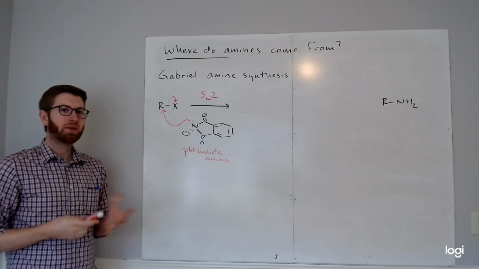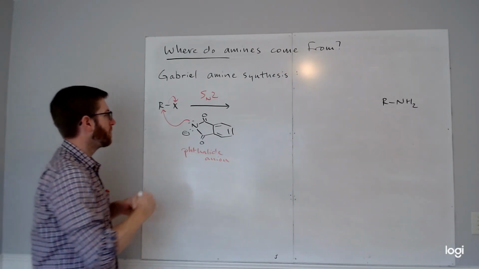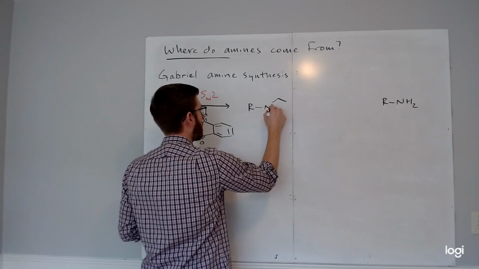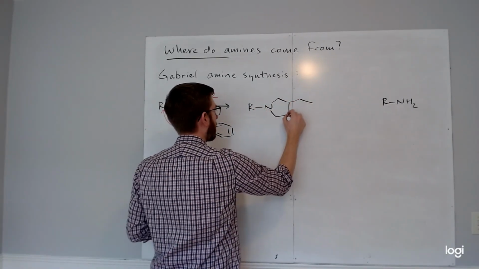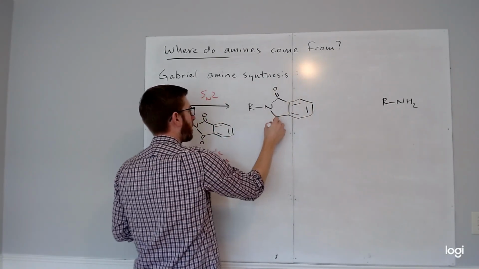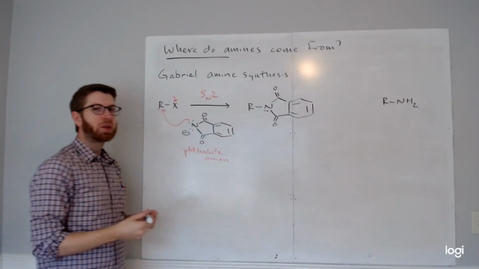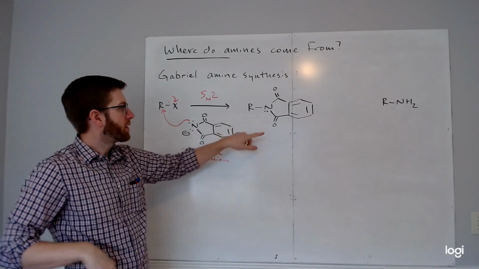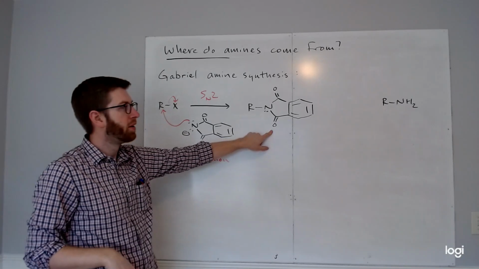Just like we did at the very beginning of the video, but now when I make the SN2 product, I have a species that looks like this. And our nitrogen lone pair is going to be distributed into this carbonyl and this one, right?